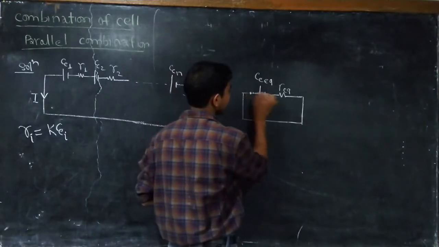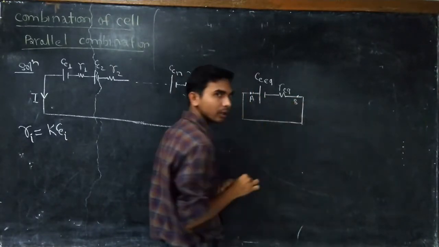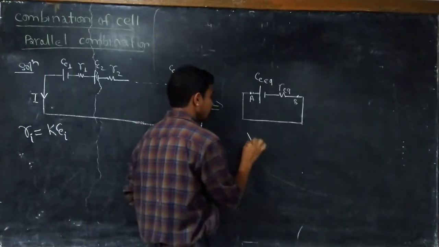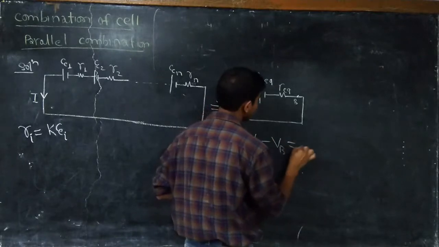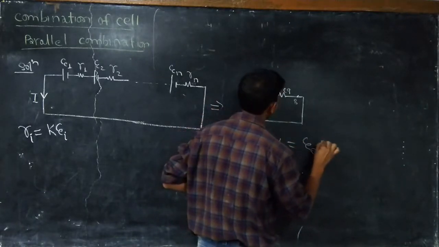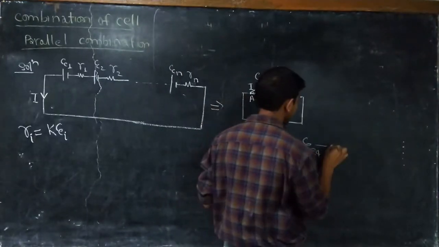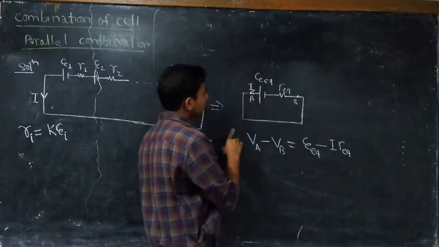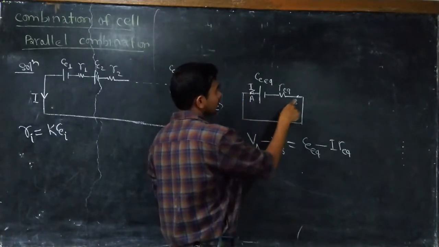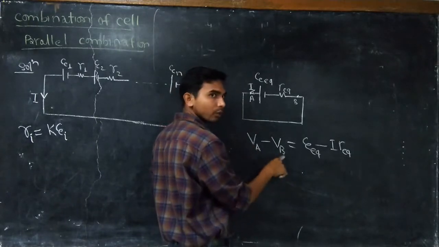So suppose here the potential is A, this is point A, and this is point B, right? So we can write VA minus VB is equal to E equivalent minus I times R equivalent, supposing current is passing like this. As you can see, A and B are connected by a wire, so both are at equal potential.